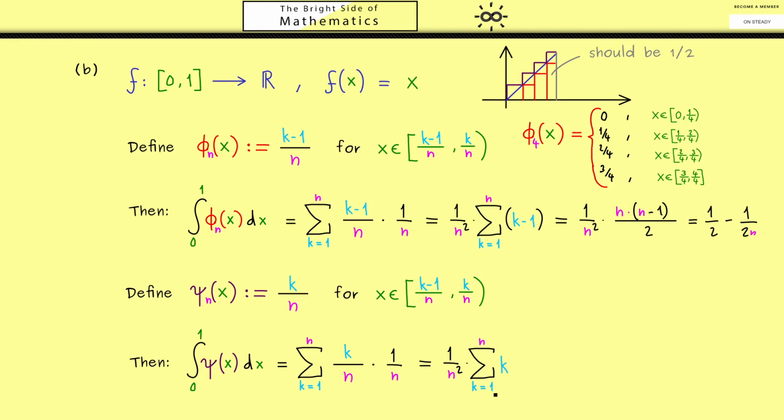This means that we can apply the same formula as before, but now we have one additional number at the end. For this reason, this sum is then given as n times n plus 1 divided by 2. Okay, and then in the last step we can simplify this again and we get 1/2 plus 1 over 2n.